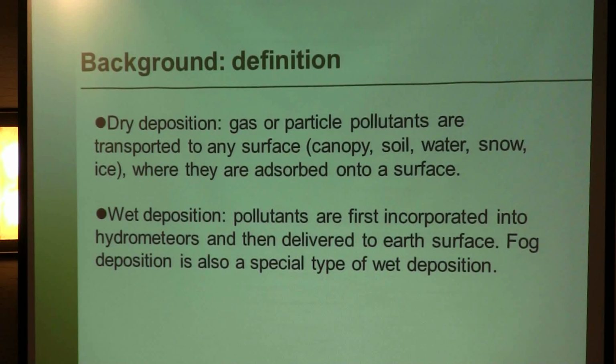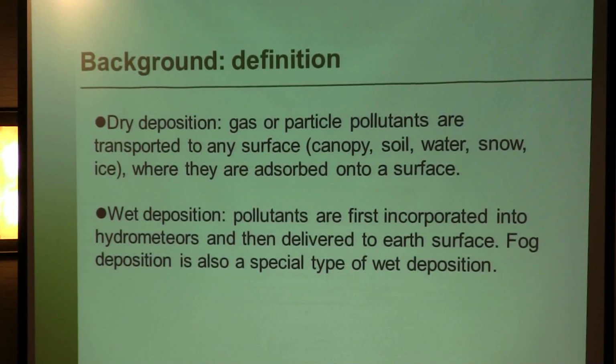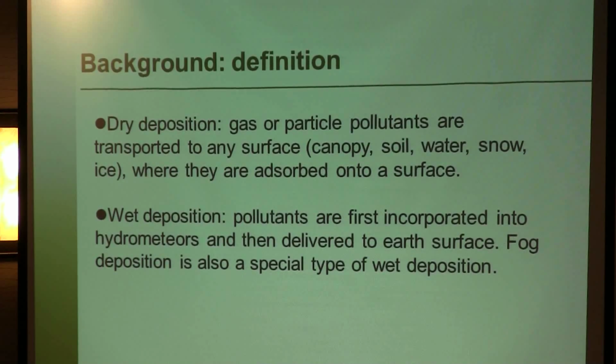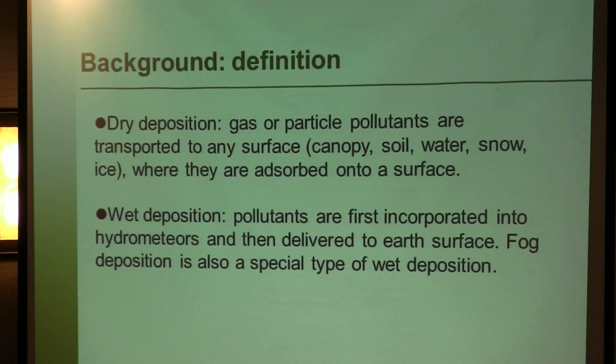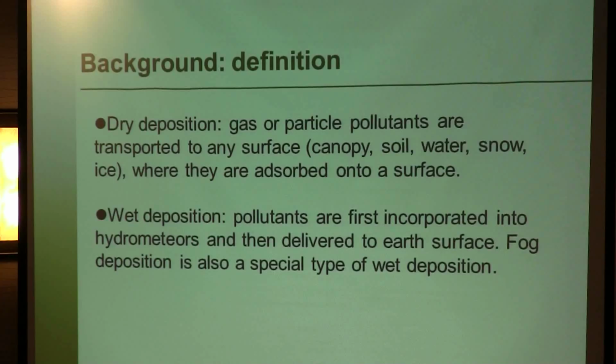Once the pollutants are emitted into the atmosphere, they undergo transportation and diffusion, so pollutants can be transported from one area to another. Then they can be converted to different chemical species. It's called chemical transformation. And pollutants can be removed from the atmosphere. These processes are called dry and wet deposition.